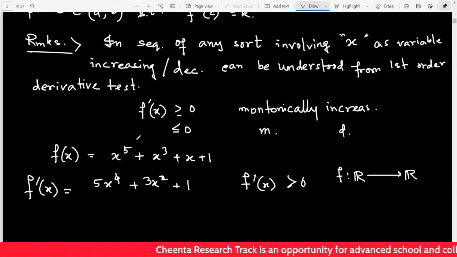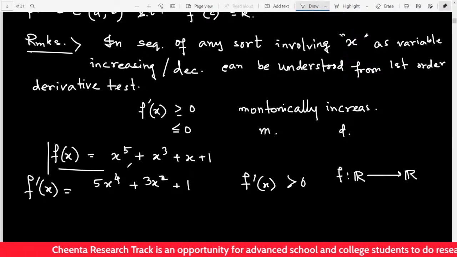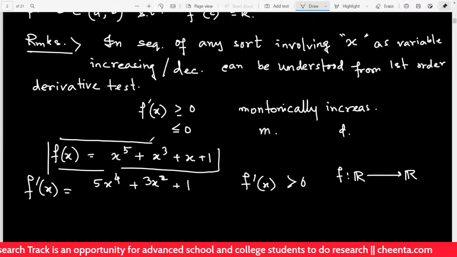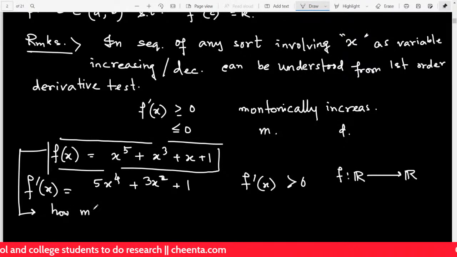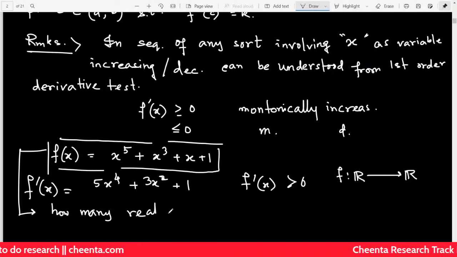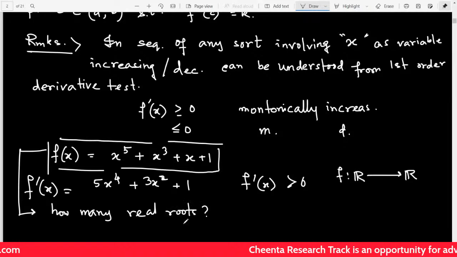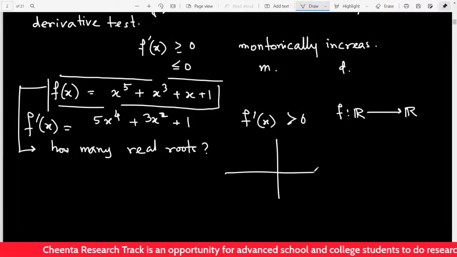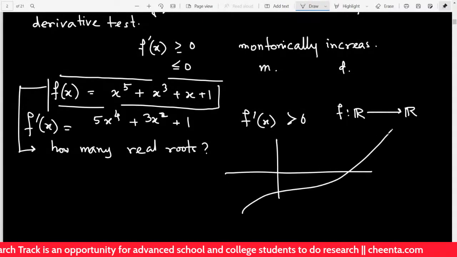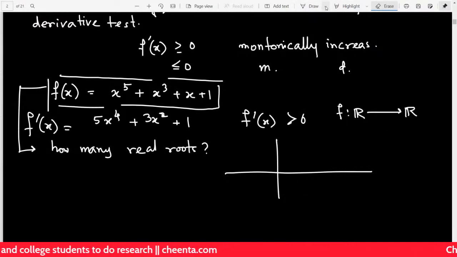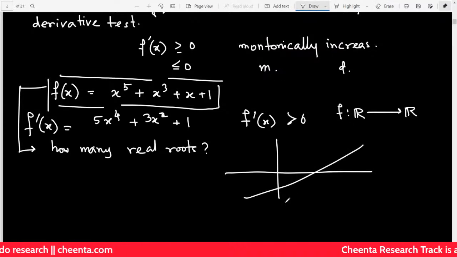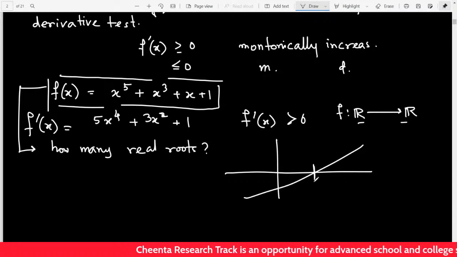If there was a question about how many real roots this type of polynomial might have, you know there is exactly one, because since it is strictly increasing from R to R, it is going to hit the x-axis only once.